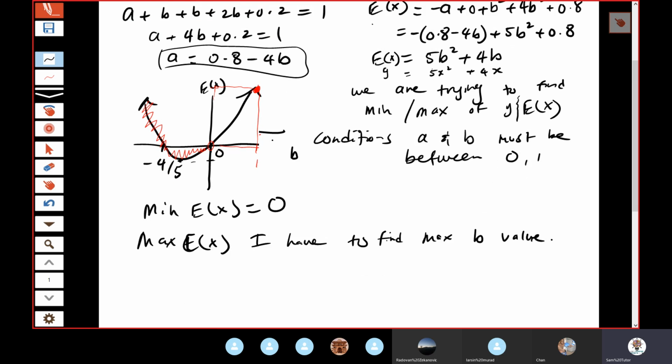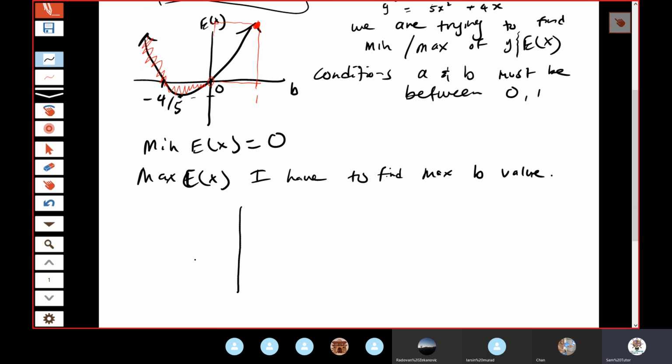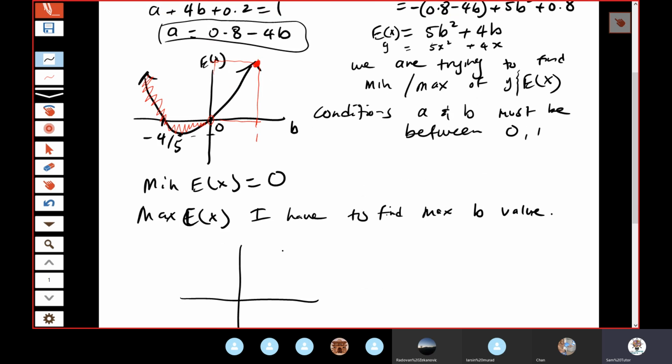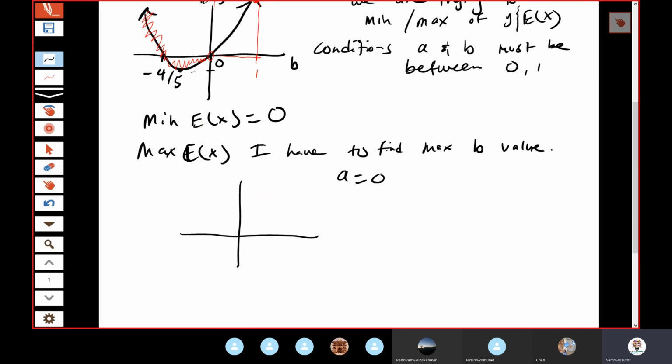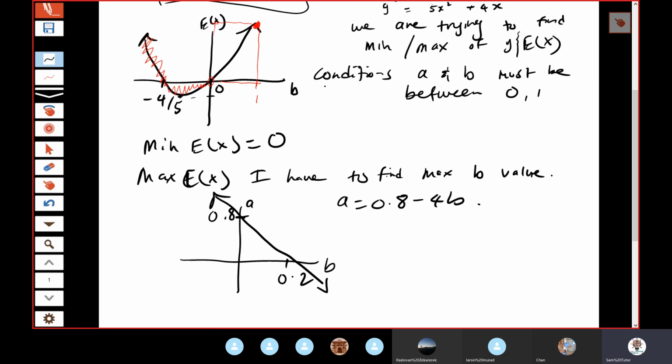This condition tells me that between my a and b, where a equals 0.8 take away 4b, when b is 0, a is 0.8. And when a is 0, you'll solve and get b equals 0.2. I'll get this graph. But then I remember the condition that a and b must be between 0 and 1.